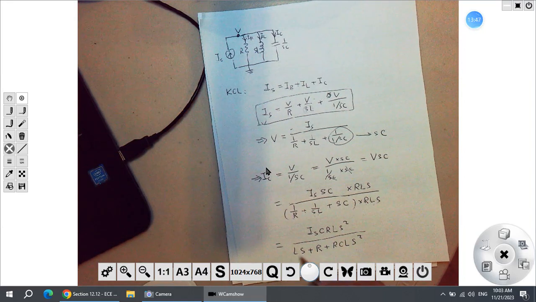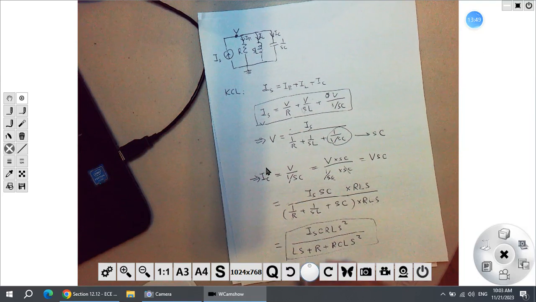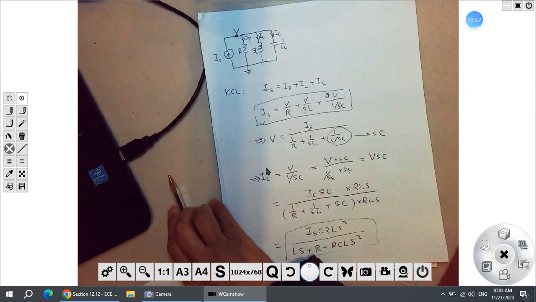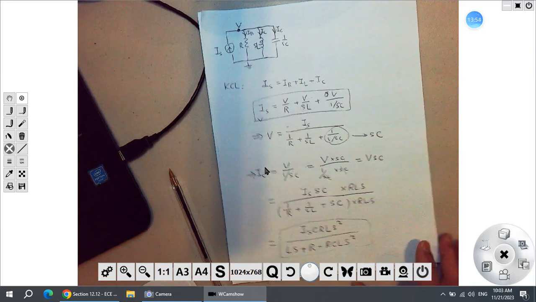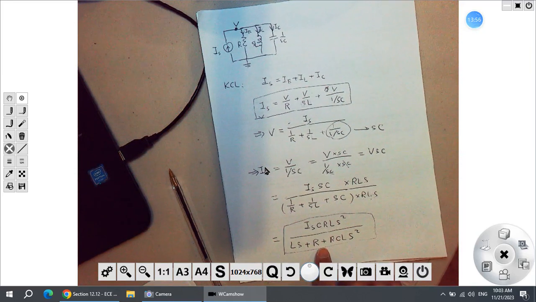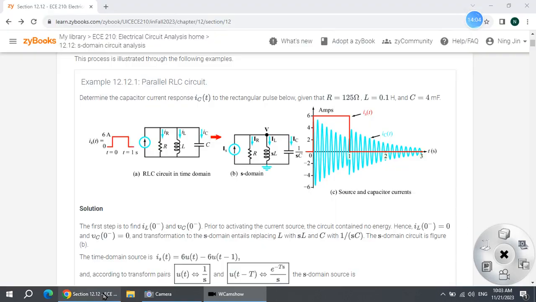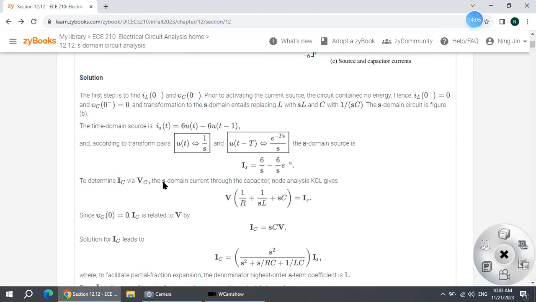Let me see. Actually, this is not the final answer, right? You can simplify more here, or plug in IS, then simplify more.